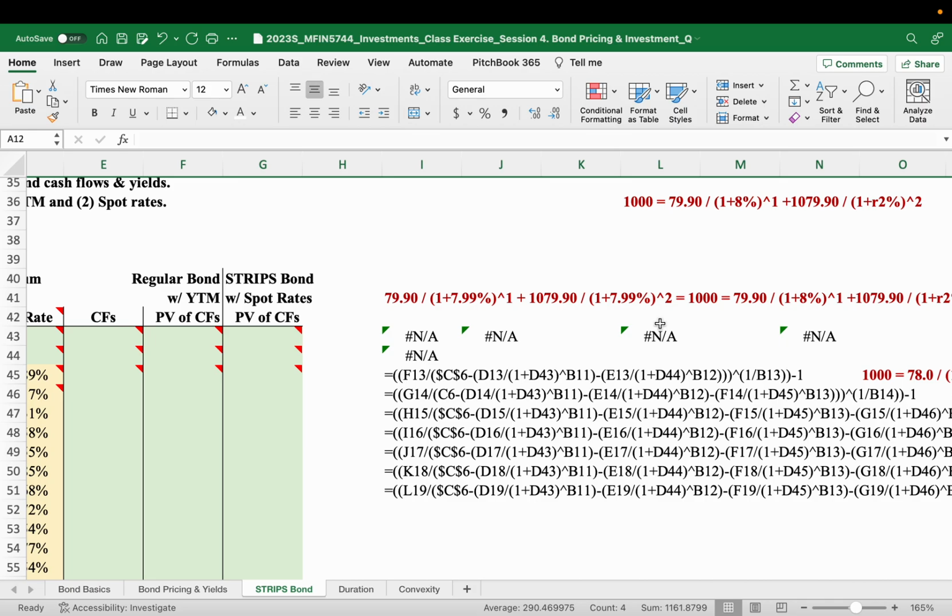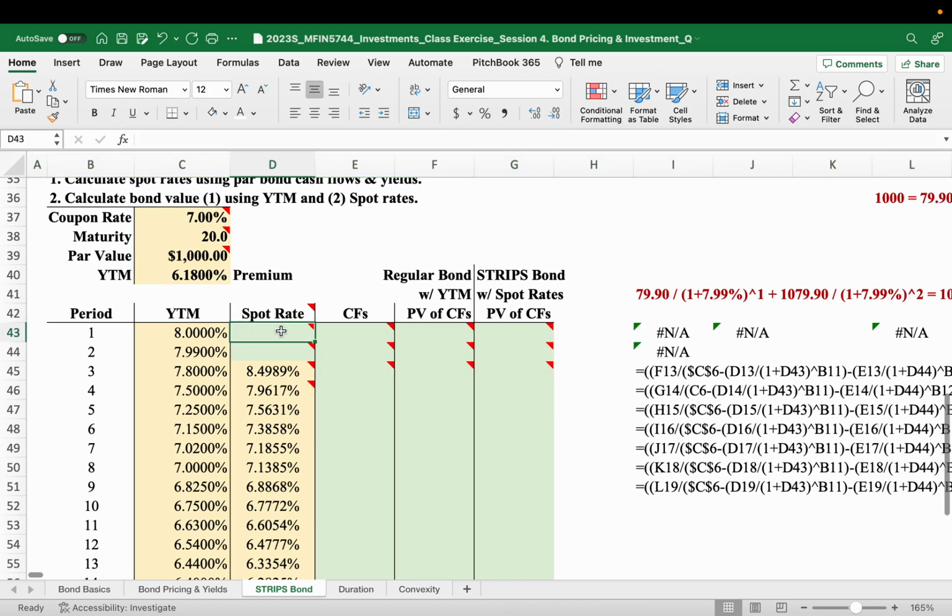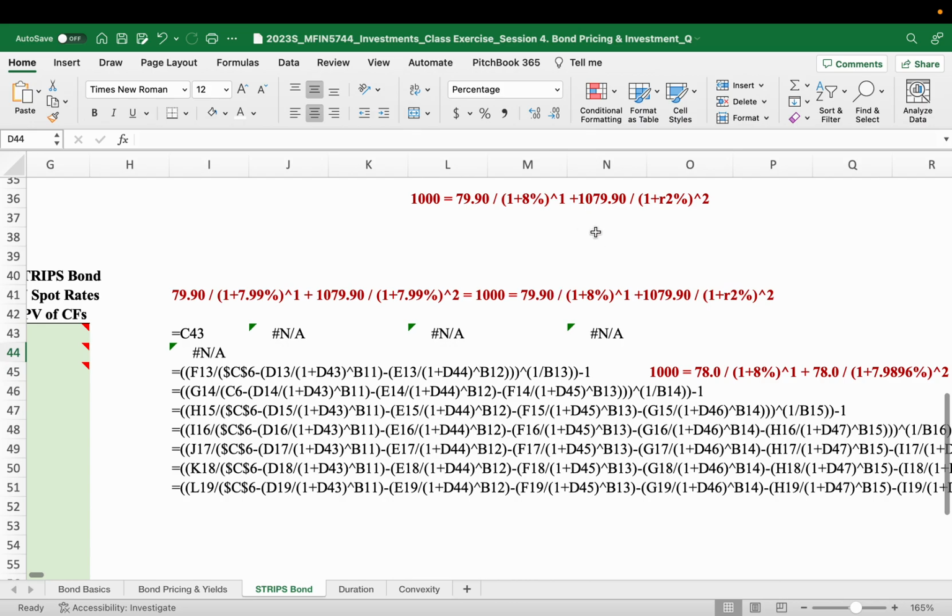But if we can sell this bond coupon separately from the principal, then this $79.9 coupon is divided by 1 plus 8% for the first year spot rate. The first year doesn't have any difference, just 1 year, right? So we can use this 8%, right?